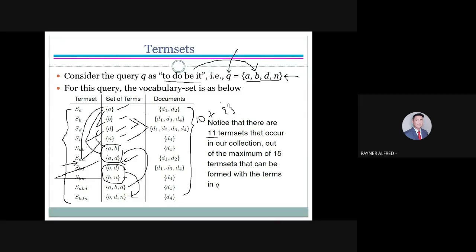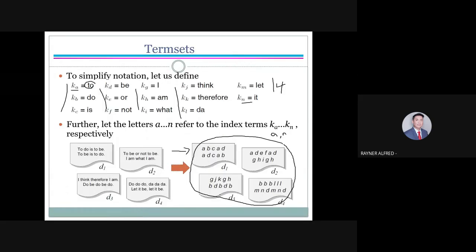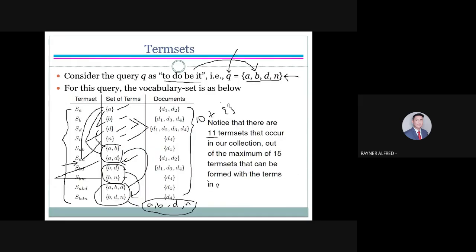So we will start from single, double, triple, and from here, if we want to combine, we get A, B, D, and N. But this one does not exist in any of the documents here.